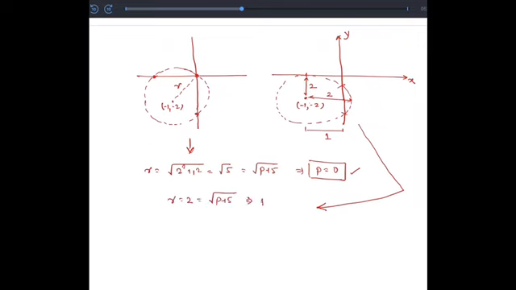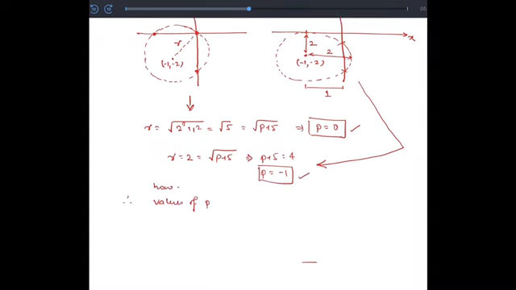So this implies p plus 5 is 4, and p comes out to be minus 1. Asked how many values of p, so that is minus 1 and 0. So there are 2 values of p. This is the answer.